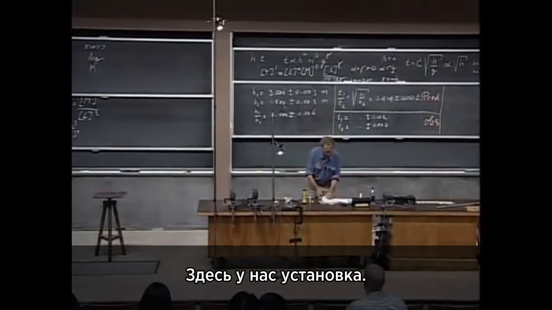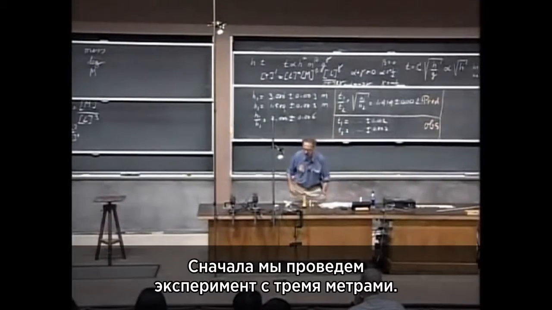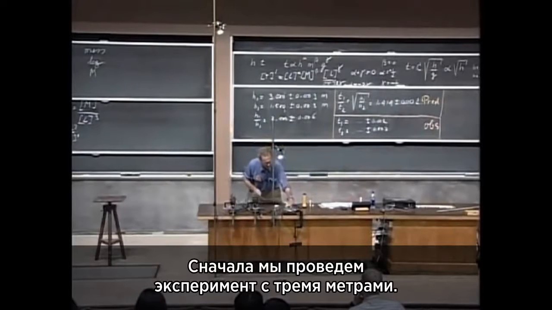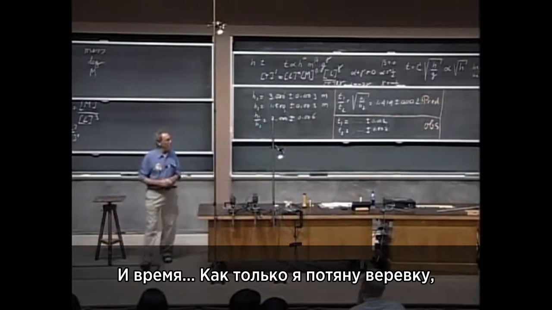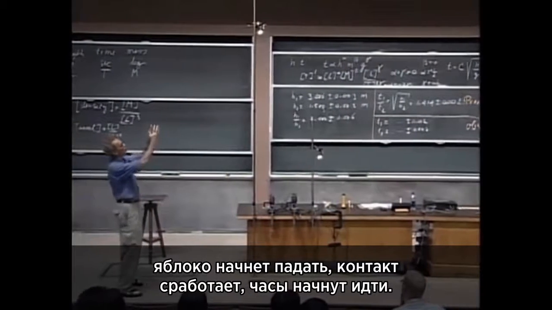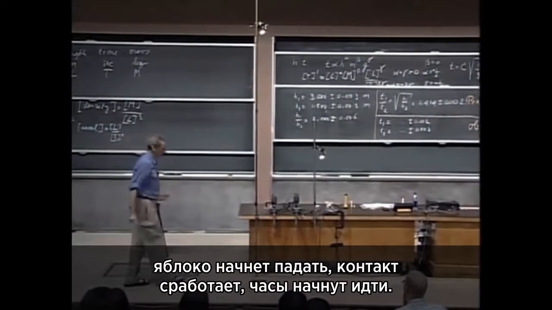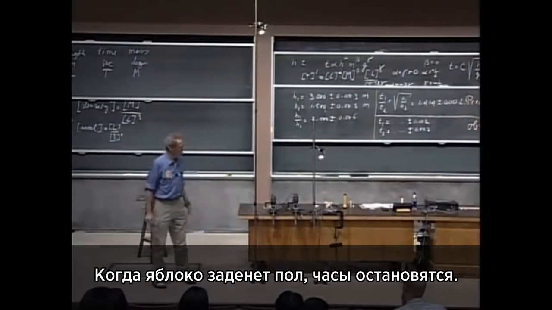We have the setup here. We first do the experiment with the 3 meters. There you see the 3 meters. And the moment that I pull this string, the apple will fall, a contact will open, the clock will start.